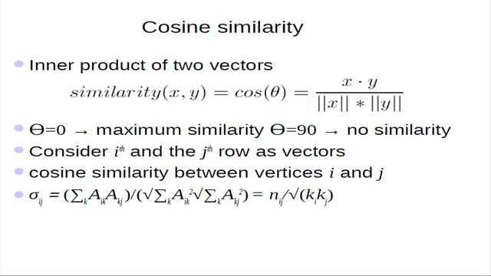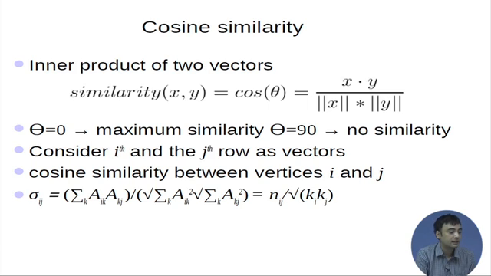Now, this is expressed by the formula that you see on the slide. Take two nodes, where x is the neighborhood vector for node i and y is the neighborhood vector for node j.